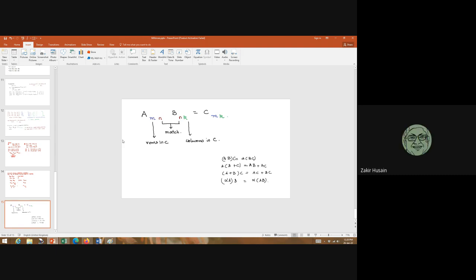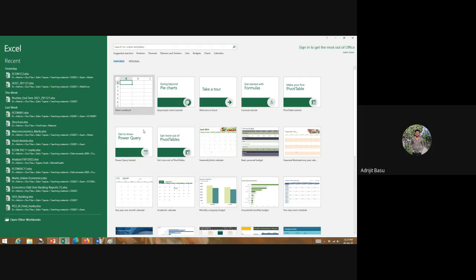Now, A into I is equal to A. So it is the equivalent of 1. Sir, he was telling about A into A inverse is equal to I. Oh, A inverse. Yes, that I is the identity matrix, that's what he was asking.